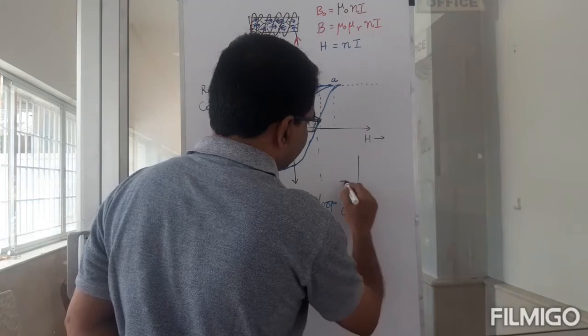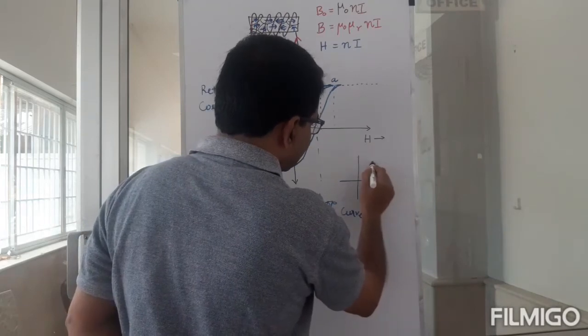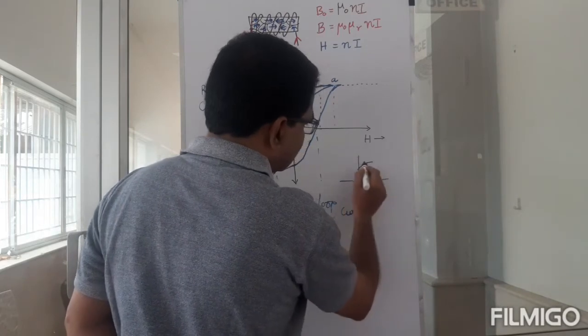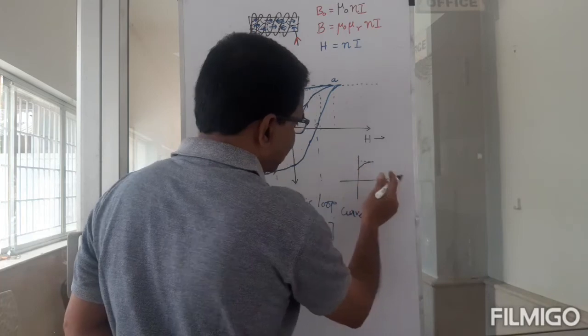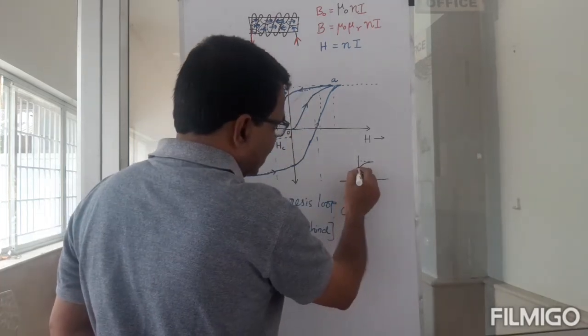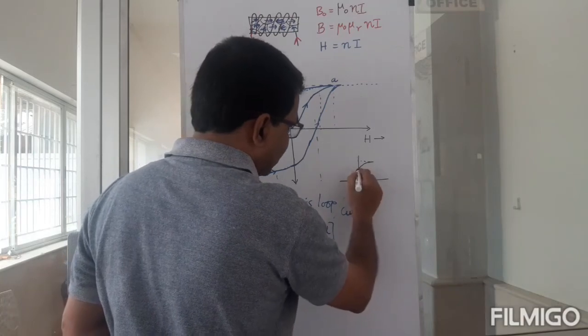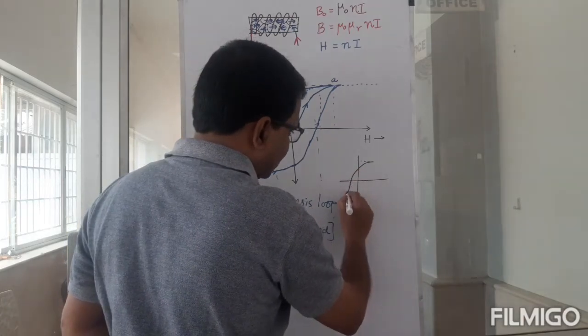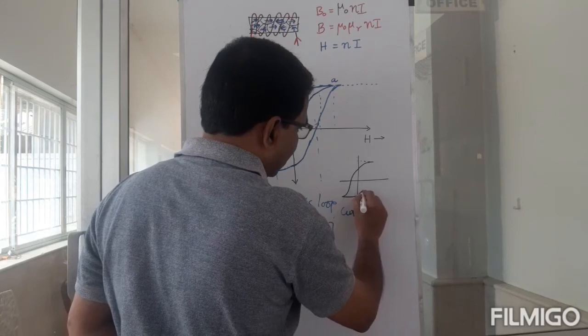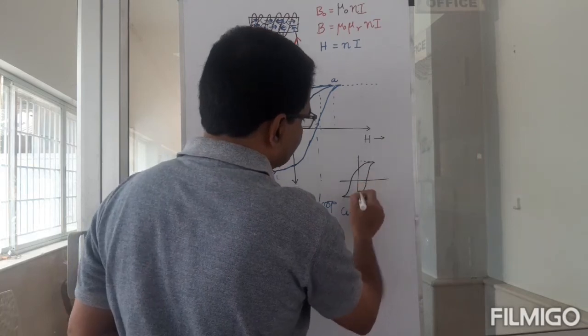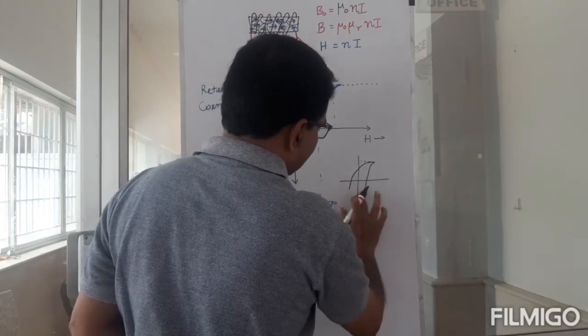I'll draw it here. It may have a low retentivity. It reaches maximum saturation, but as you bring it back to 0, the field strength may come considerably lower. Okay, we put it this way.